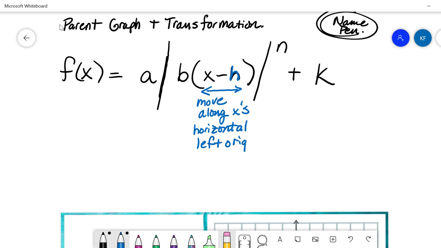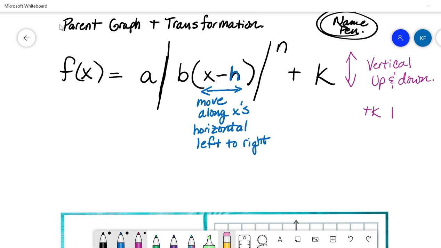These are all directional words that we use when we're talking about this. Then the k value tells us to go vertical, so you're going up and down. If k is positive, then you go up, and if k is negative, you go down. I'll go back and make sure I explain this sign better as we go through the exercises.